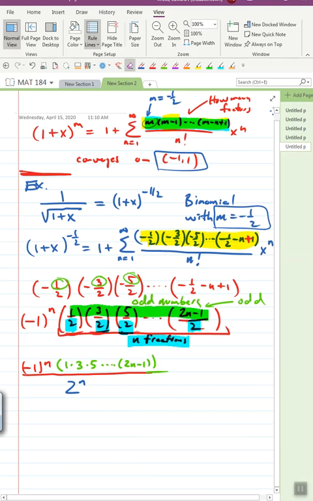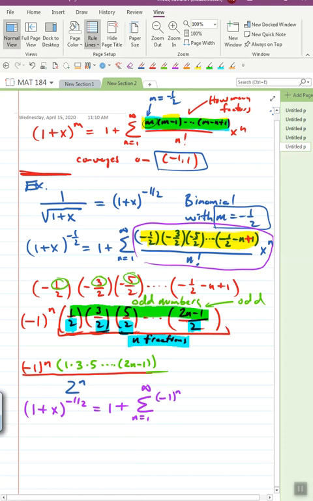So when I put that all together, what I have then is 1 plus x to the negative 1/2 is 1 plus the series n equals 1 to infinity. And what I'm doing now is just writing this in a nicer way. It looks like it should be negative 1 to the n times 1 times 3 times 5 down to 2n minus 1, over 2 to the n.